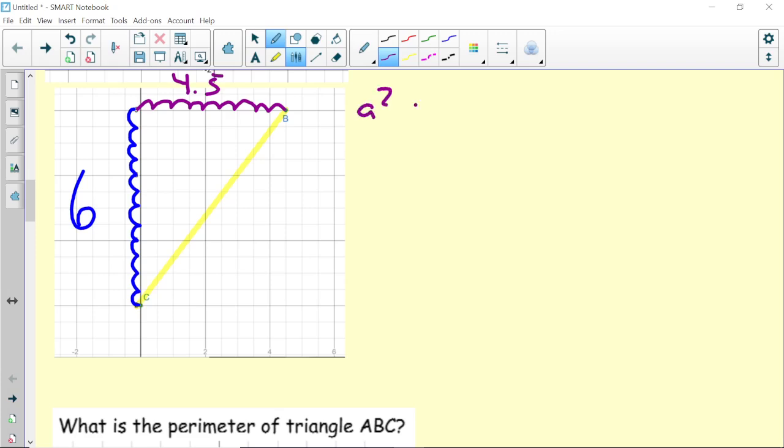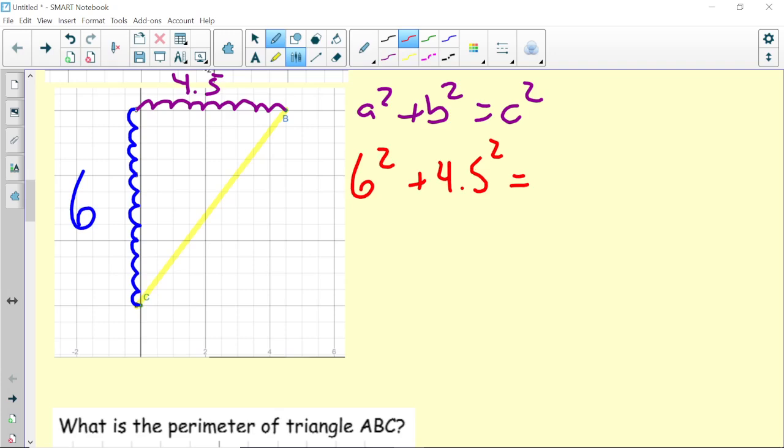So we have a squared plus b squared equals c squared. We're going to do 6 squared plus 4.5 squared equals c squared. 6 squared is 36 plus 4.5 squared is 20.25 equals c squared. Add these guys up.